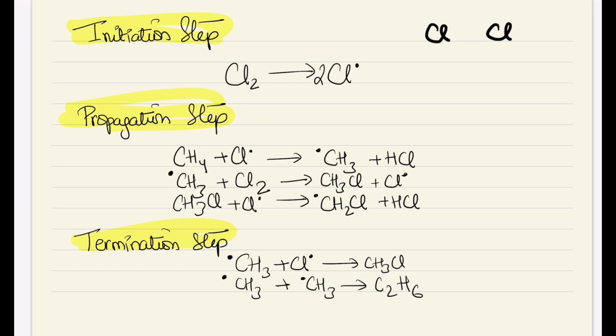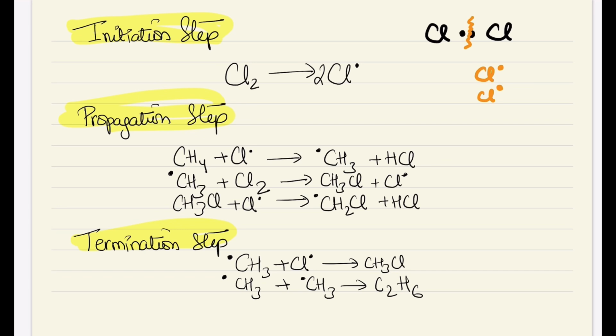So the bond would contain 2 electrons, 1 from each of the chlorines. So what happens in this case is it undergoes bond fission, so the bond breaks down, and you end up with a chlorine radical. Each one of these chlorines would take their electrons with them, and this is highly unstable. Radicals are highly unstable, and they will go around and create chaos and attack everything in sight. So that's what chlorine does in this case.